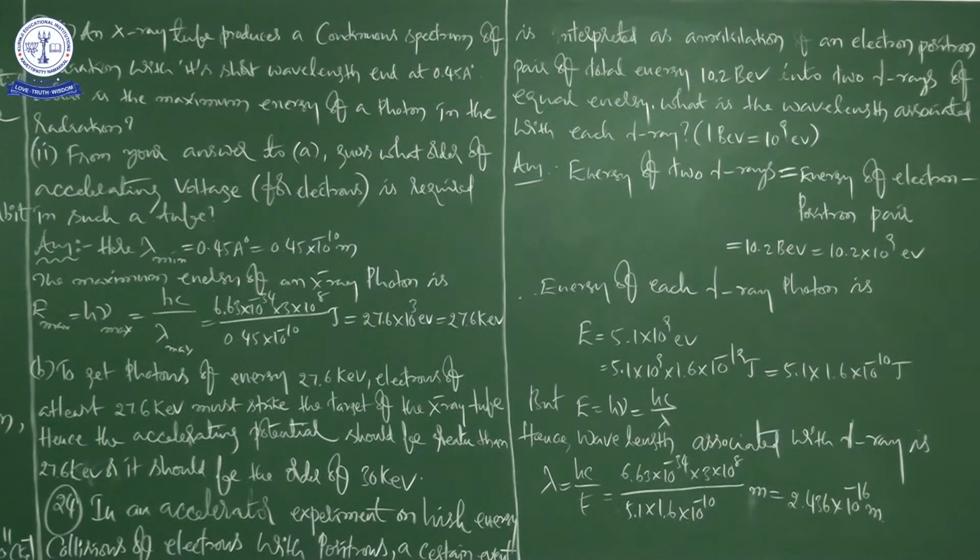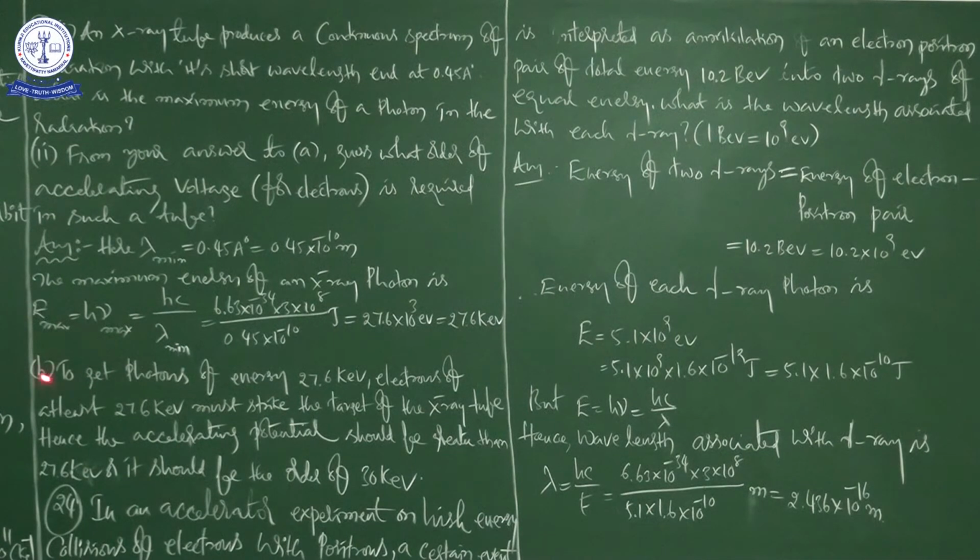Afterwards, we are going to calculate the maximum energy of an X-ray photon. Okay. Then what is the formula here? See here, the maximum energy of an X-ray photon. So E maximum is equal to h nu maximum, right? E is equal to h nu.